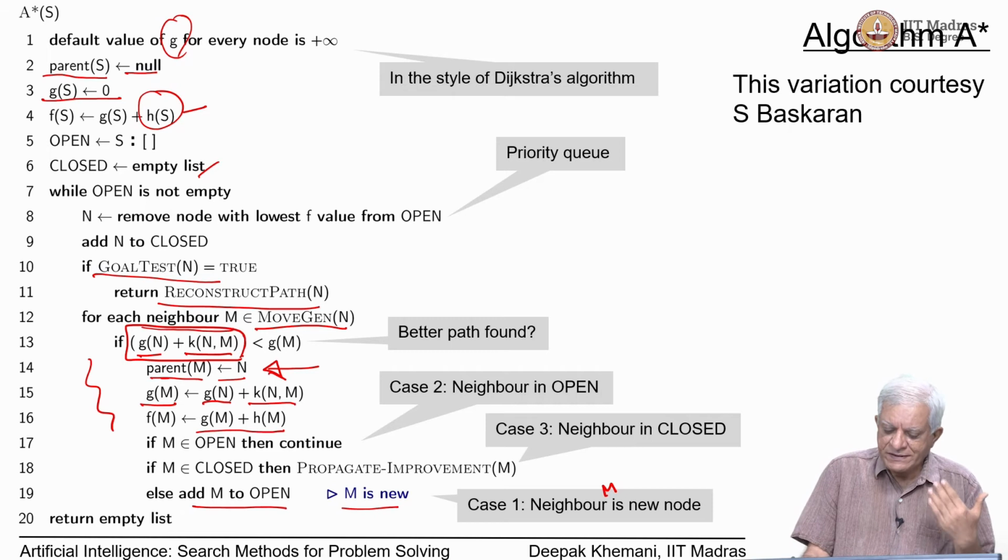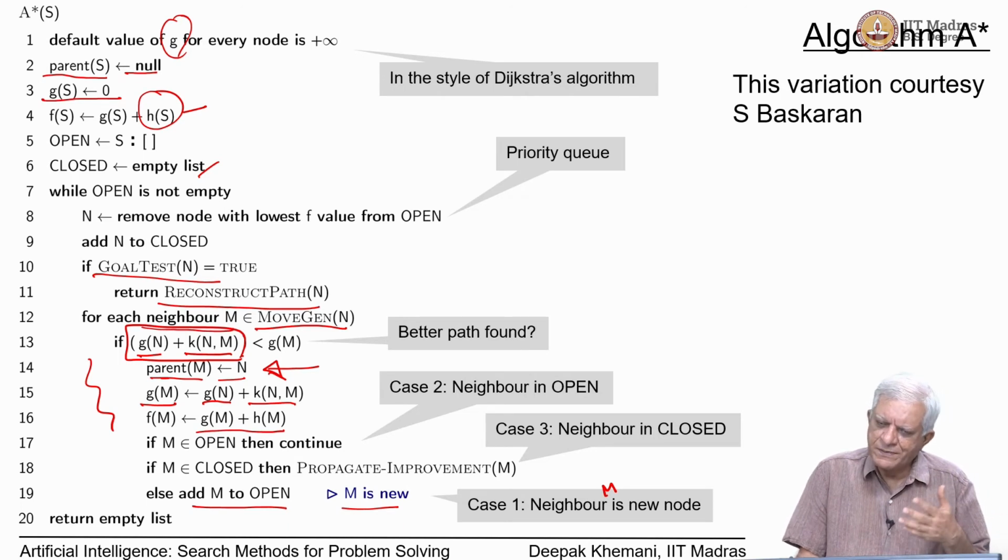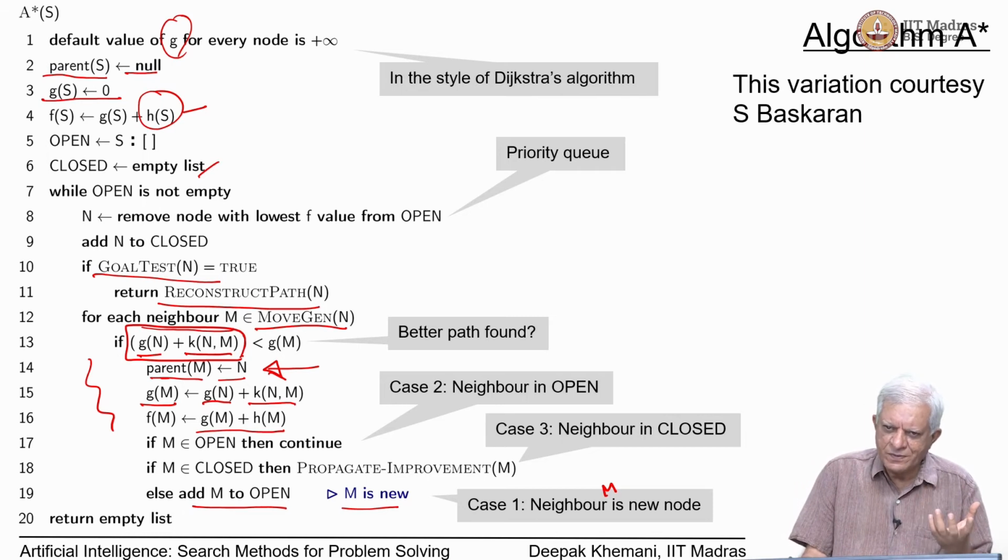In A star, that does not happen, and we will see this as we go along, and the reason for that is because A star includes this estimate h of n, which may or may not be accurate. So, it is possible that for a node you found a path to earlier, even picked from open and then added to closed, you may still find a better path to that node, and we will see examples.